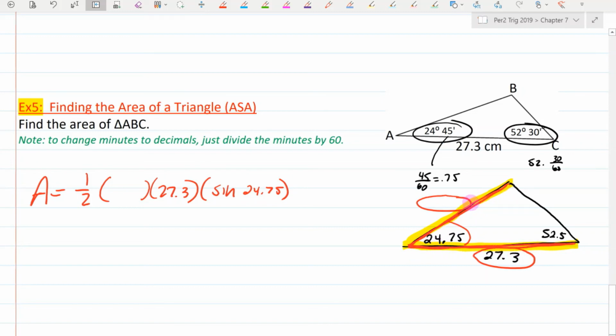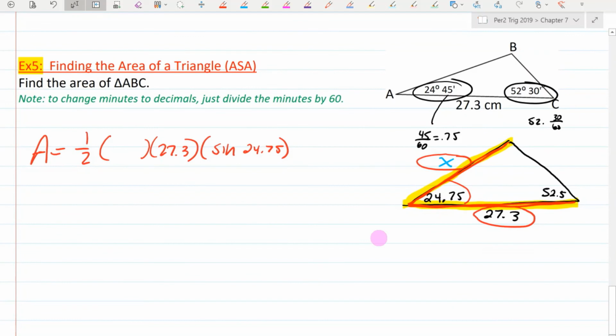But I need to figure out that side. So in order to figure out that side, I'm going to call that X for right now. I'm going to use the law of sines. So I will use sine of 52.5 over X is equal to this angle right here, 102.75. So sine of 102.75 over 27.3.